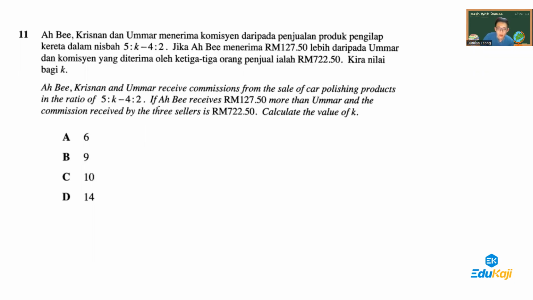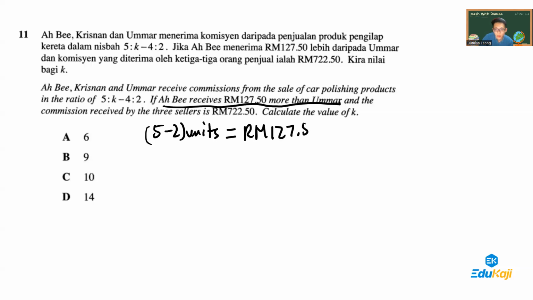If Abi receives 127.5 more than Uma, Abi here, Uma here, means 5 minus 2 units in your ratio. The difference is equal to 127.5. Yeah, this is 3 units.